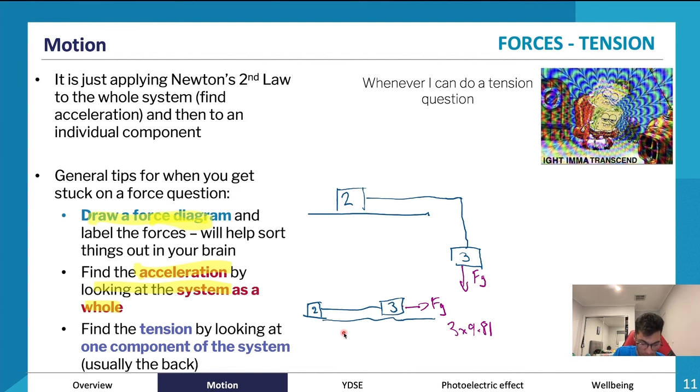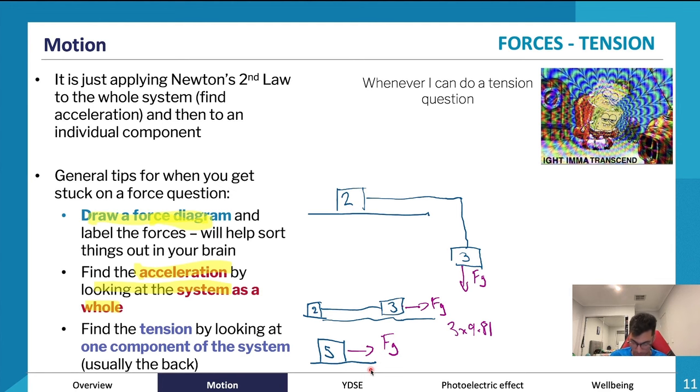So if I were to simplify this, you would think of it as a 5 kilogram mass that is being pulled by Fg. Cool. And whatever that value is will be the acceleration of the whole system.